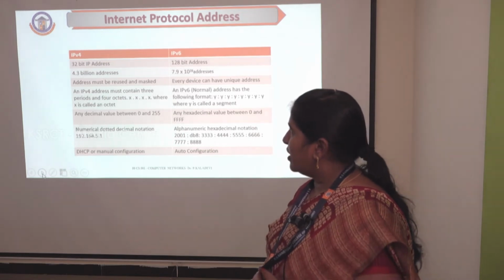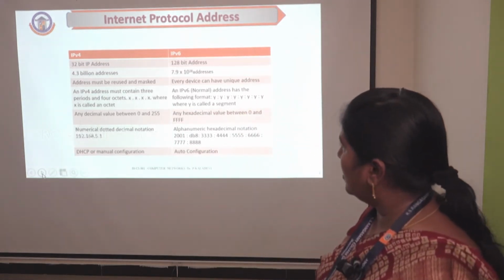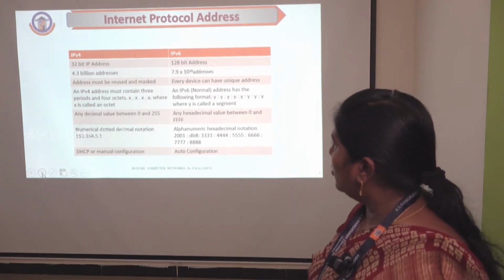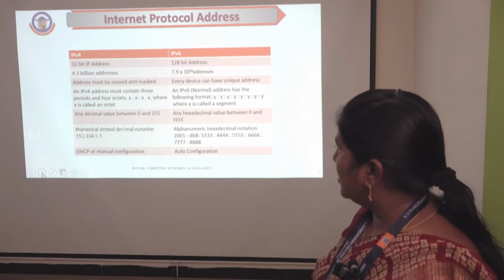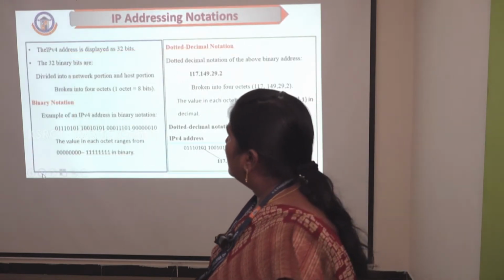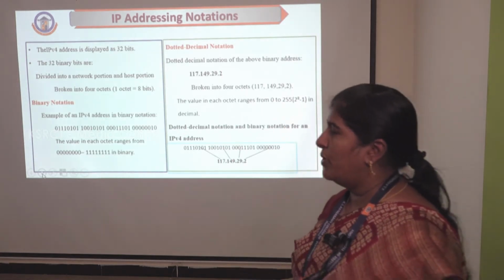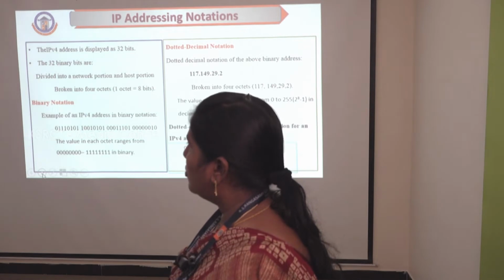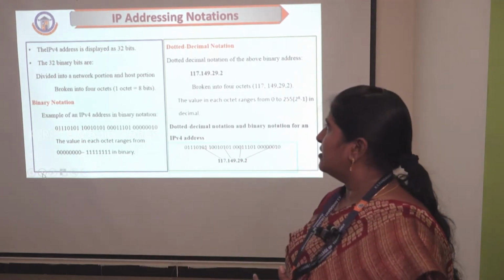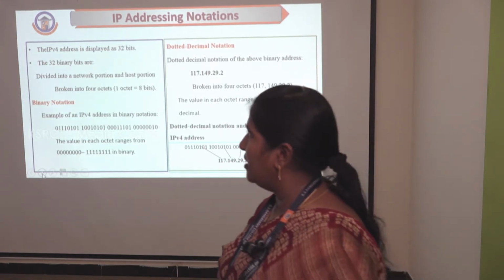The example of IP version 4 is 192.168.5.1, and IP version 6 has 8 groups in hexadecimal form. IP addresses are divided into two parts, the network portion and the host portion. Here the IP address is broken into 4 octets. Each octet has 8 bits.